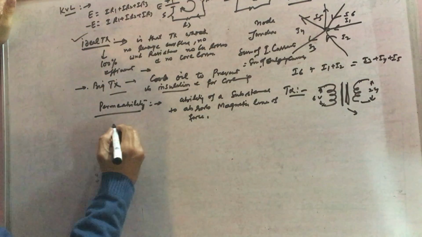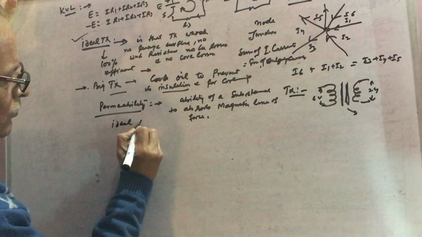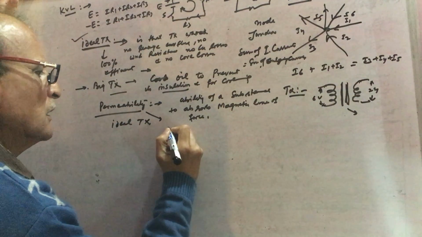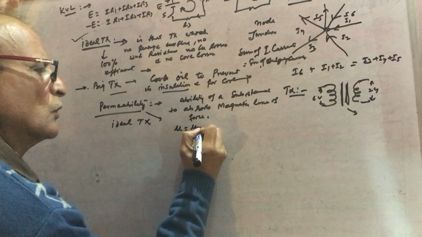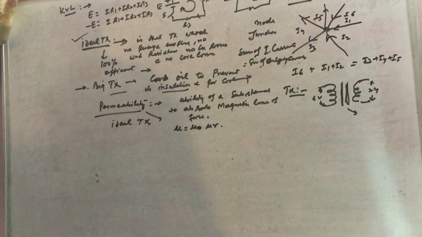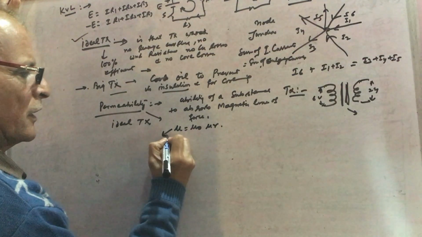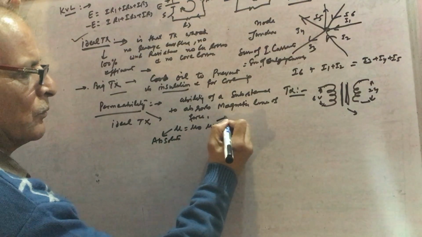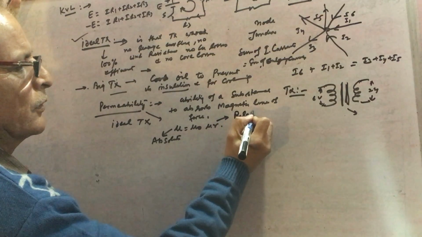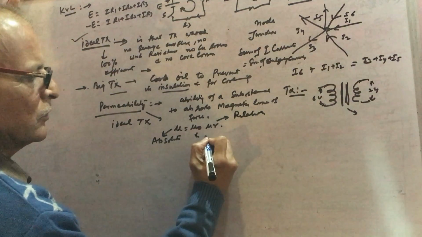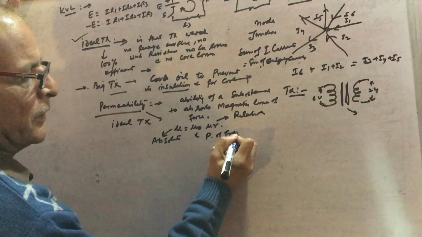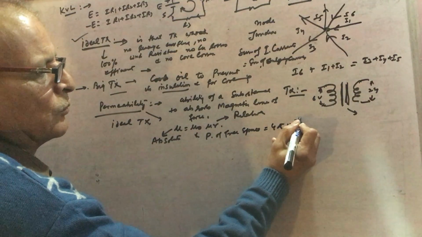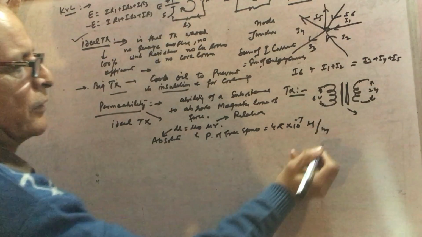So for an ideal transformer, this permeability is given by the formula mu equals mu naught mu r. Mu is called absolute permeability, mu r is relative permeability, and mu naught is the permeability of free space, and its value is 4 pi into 10 raised to power minus 7 Henry per meter.